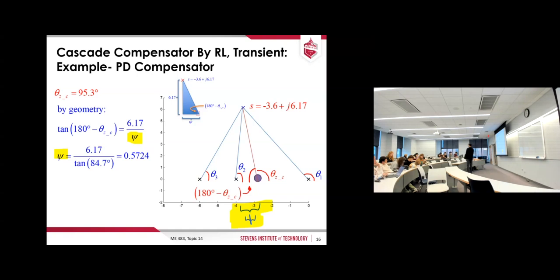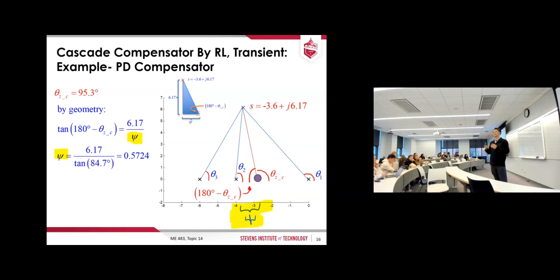Okay. What is the location of the PD compensator zero? Someone. What minus what? What is the location that we determined from this? What is the location of the PD controller zero? What number minus what number?